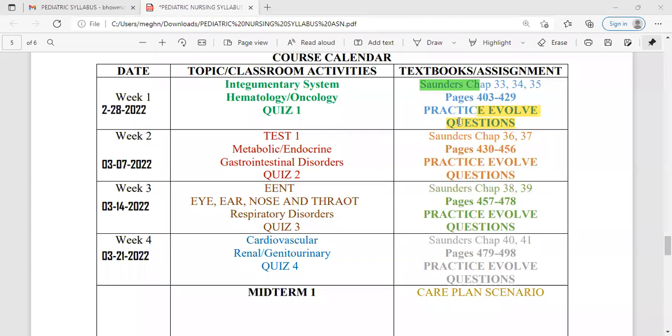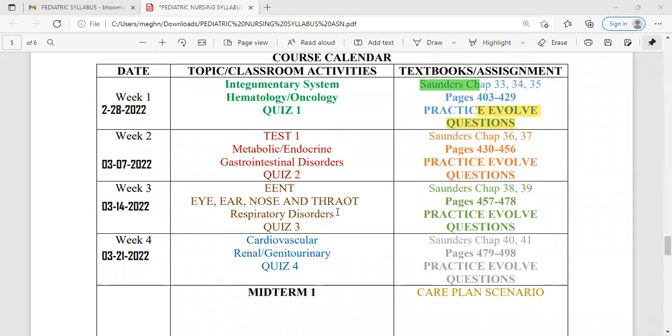And next, here, week 3, we will talk about eye, ear, nose, and throat. Also respiratory disorder. Respiratory disorder means a problem in our respiratory tract, upper respiratory tract and lower respiratory tract, meaning lungs. The upper respiratory tract involves our ear, nose, and throat.